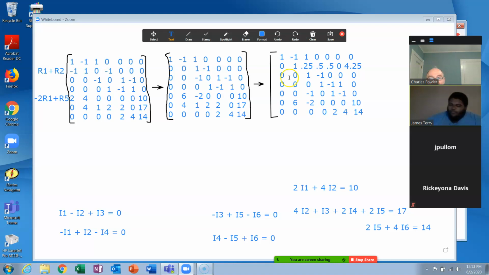Now, I knew what I wanted next was to be a 1 in this position. And since the old row 2 had it there, I just moved row 2 down here. And what I wanted next was the 1 in the 4th position. And since row 4 already was there, we just copied it down.